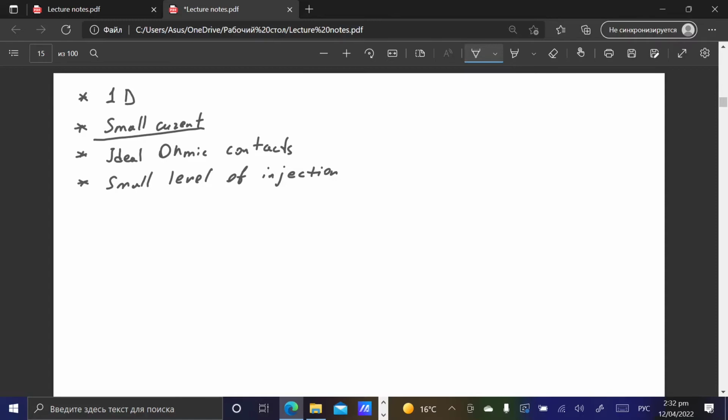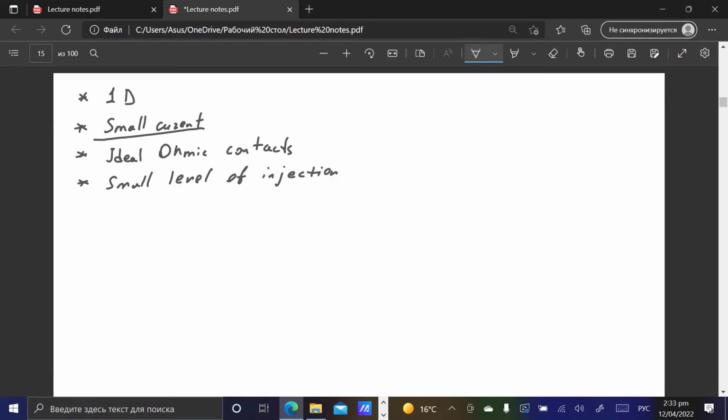So what will happen if these minority carriers exceed it? First of all, it will be an already open p-n junction. We will not consider this as a p-n junction anymore, because it will behave just as a resistor with small resistance. In that case, all this p-n junction theory doesn't make sense, because the external electric field completely compensates the built-in field inside the semiconductor.